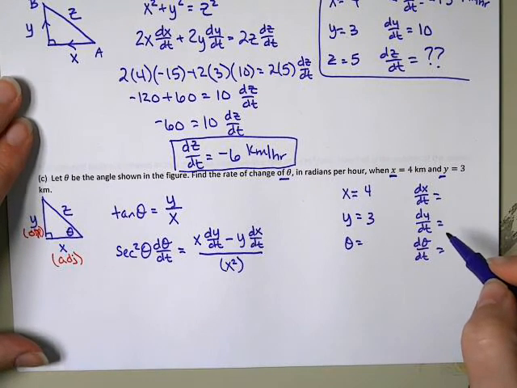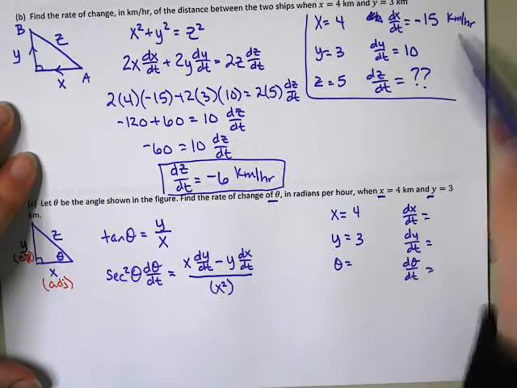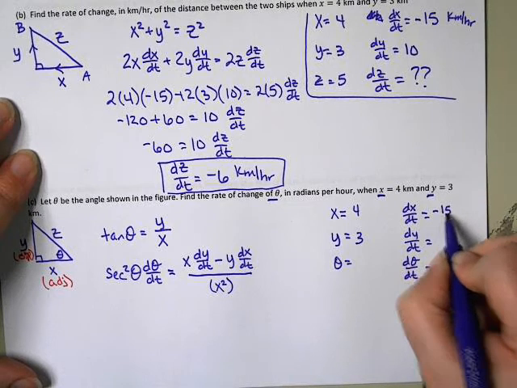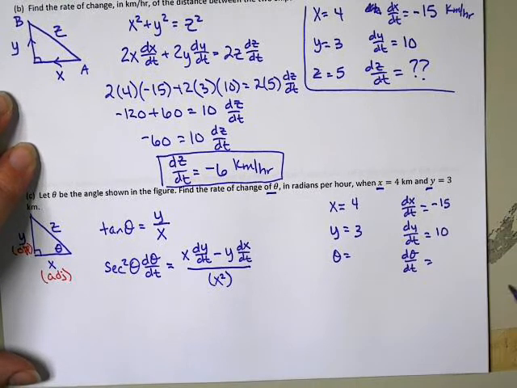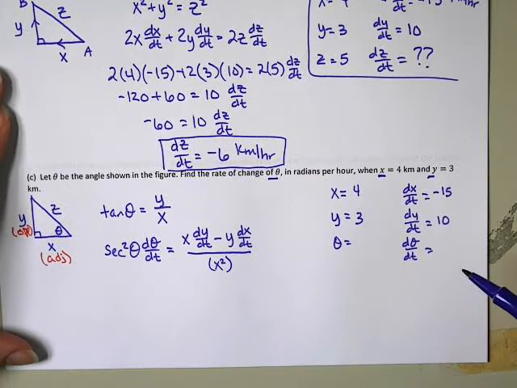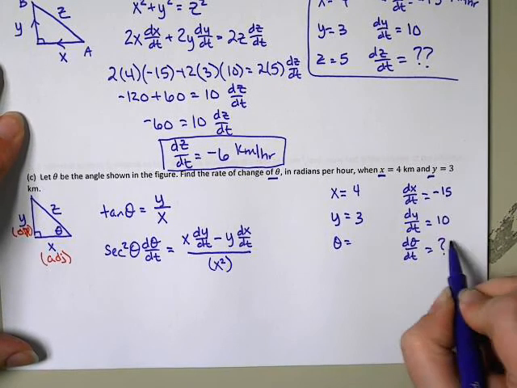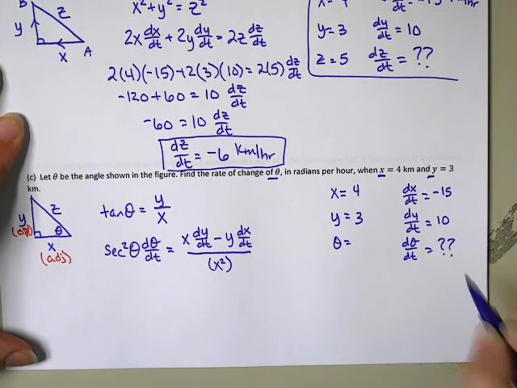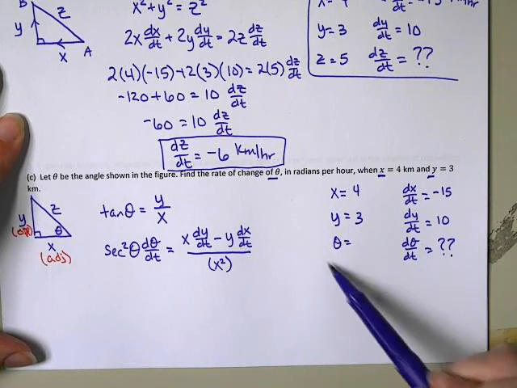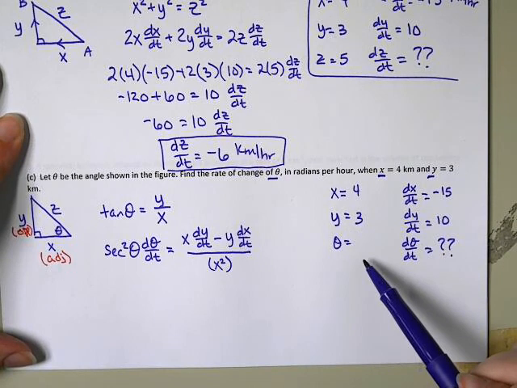And we already know the dx dt and dy dt. So that's just our negative 15 and positive 10. And it's asking us to find the rate of change of theta, which means d theta dt is what we're going to be solving for overall.